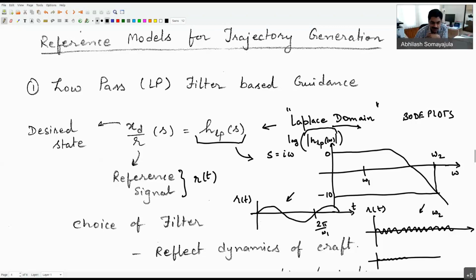Otherwise, if I took it as log base 10, then it will be 10 power minus 10. So if its mod is now 10 power minus 10, and I multiply that with the original signal, what will happen? It will reduce in its amplitude, isn't it? So that's why in the second graph, even though this is the input, the output looks like this, because the amplitude has now suddenly reduced further.